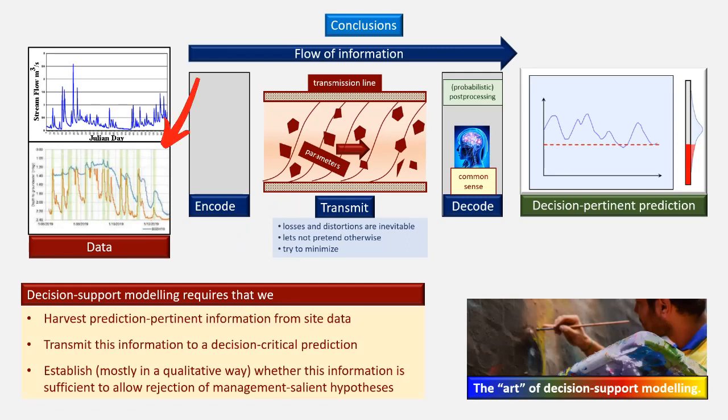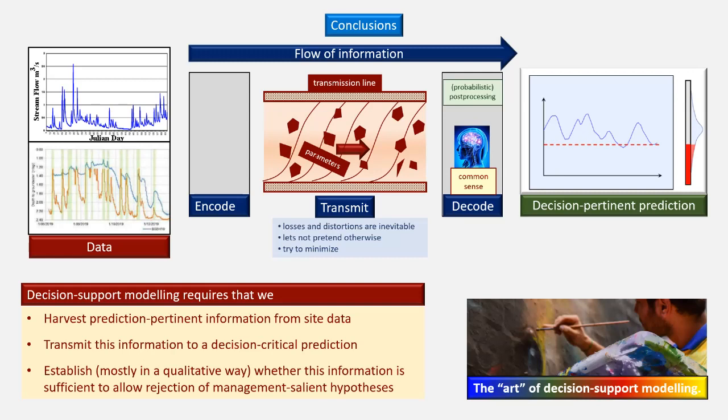Here's information. It's a little bit hard to get at. With simulation combined with PEST and PEST++, we can get at that information. We can encode it in model parameters. We can transmit it to a place where further processing, probably probabilistic in nature, as you have just seen, where a decision maker using common sense can then use it to make a decision.